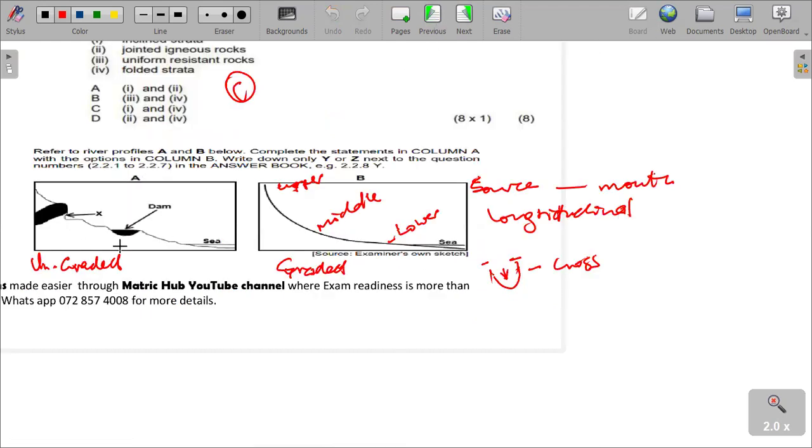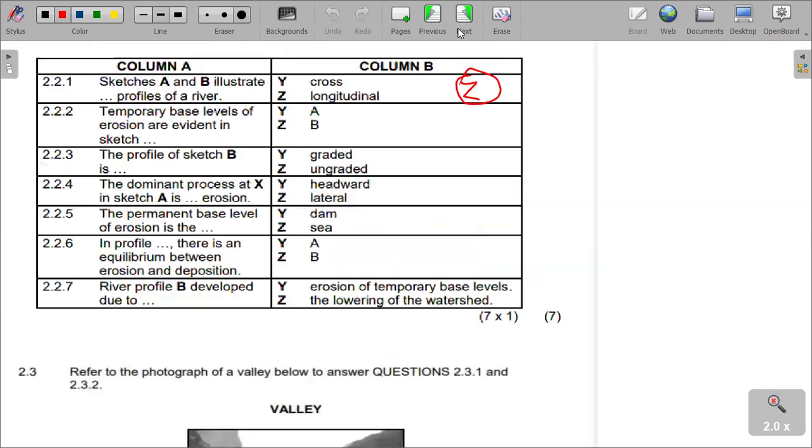Temporal base levels are shown in profile A, so the answer is Y.